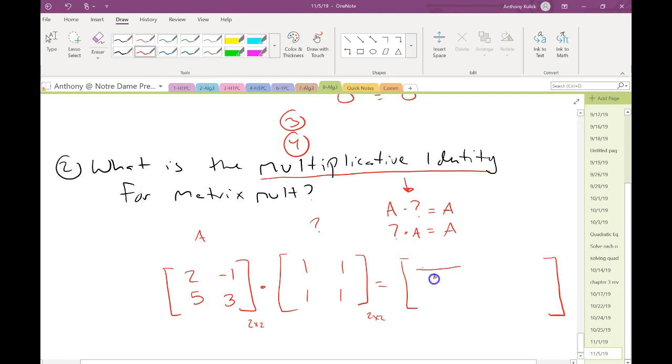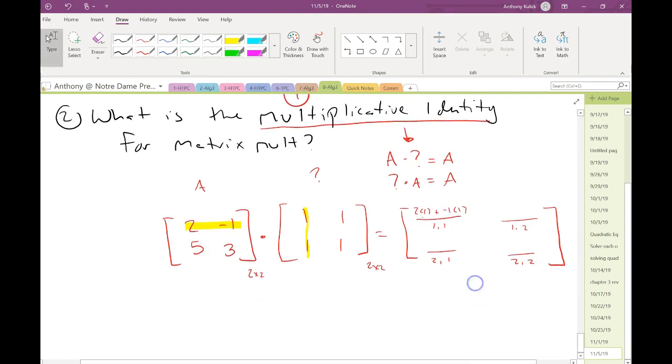So let's take a look and see what happens. If I multiply the first row to the first column, I get 2 times 1 plus -1 times 1. And that's already not going to work out, right? Because what are we getting there? 2 plus -1, which is not going to give me 2 again. So what should we change in that question mark matrix?